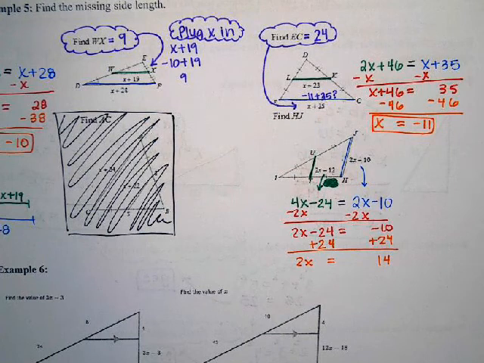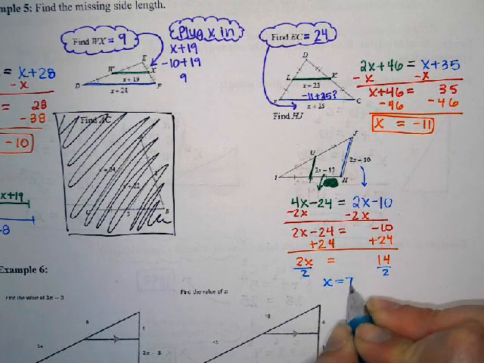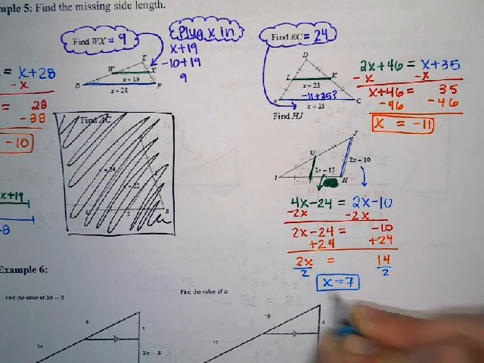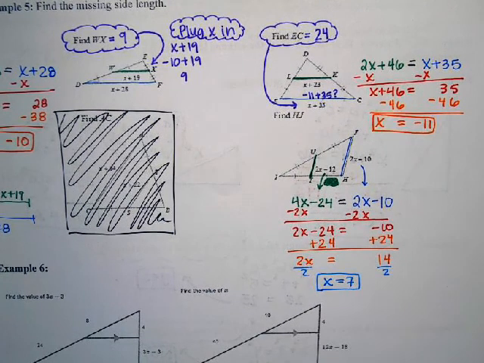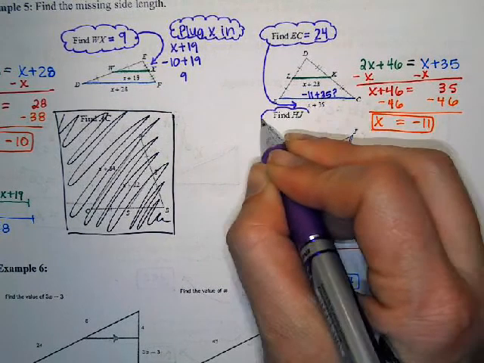Uh-oh, this one's different than our other one. What do we do? Do you remember what we do? Yeah. Divide by 2. We don't want that 2 on the x. X is 7.